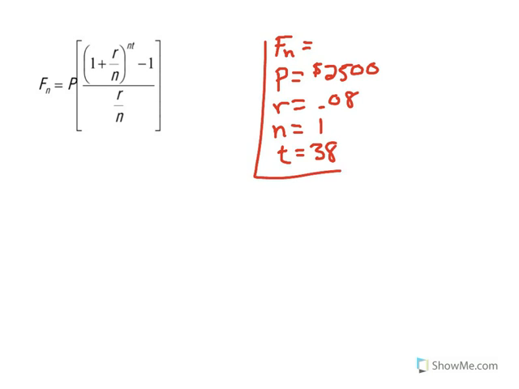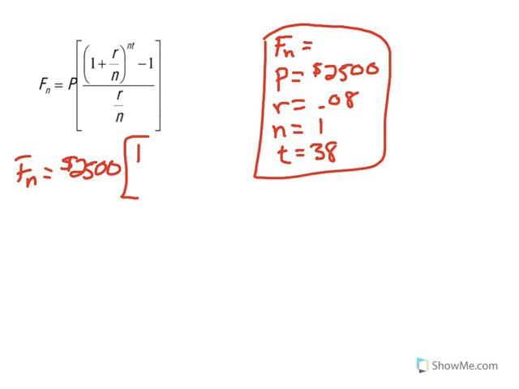Take those numbers and we're going to plug them in. F sub n, we don't know what that is. The dollars per payment is $2,500. Interest rate is 0.08. Number of payments a year is 1. And then our exponent is 1 times 38.